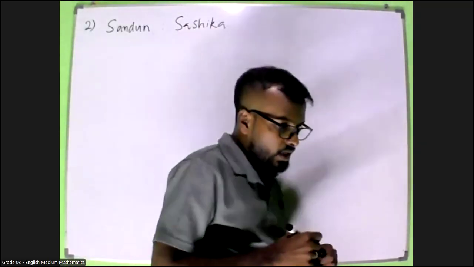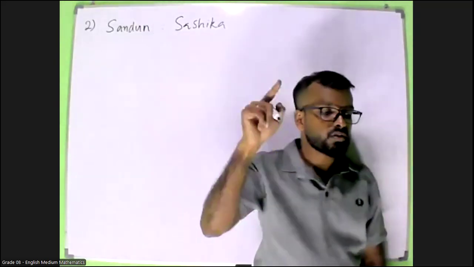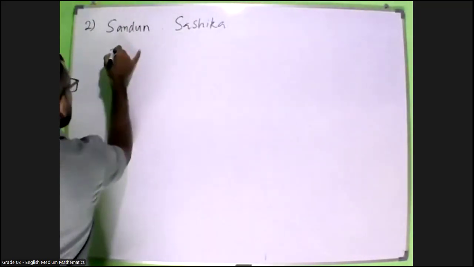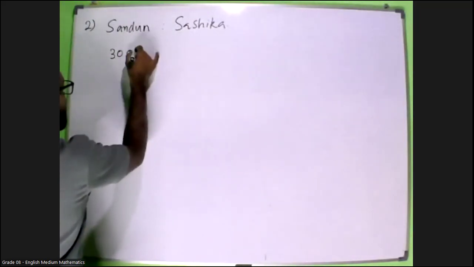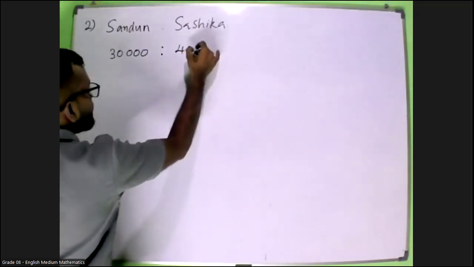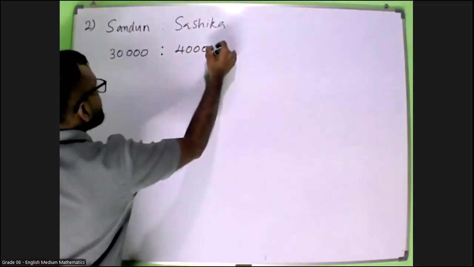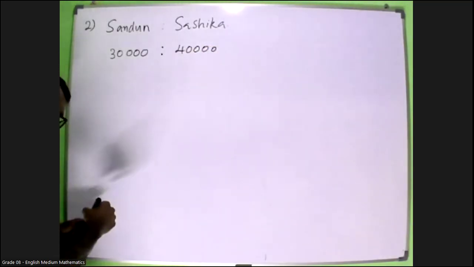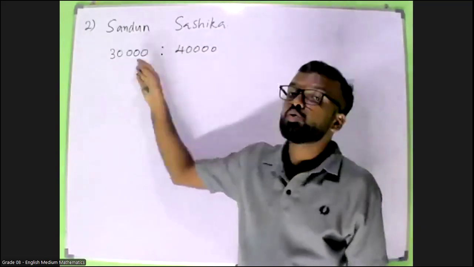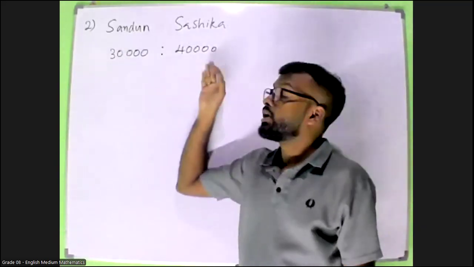Started a business, investing 30,000 rupees and 40,000. Sadun 30,000, Sashika 40,000 rupees. Right. First of all, here you have two huge numbers, 30,000 and 40,000.